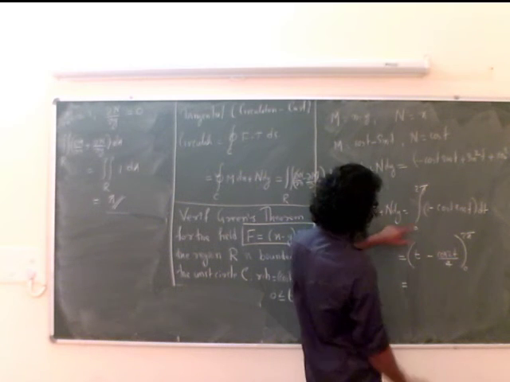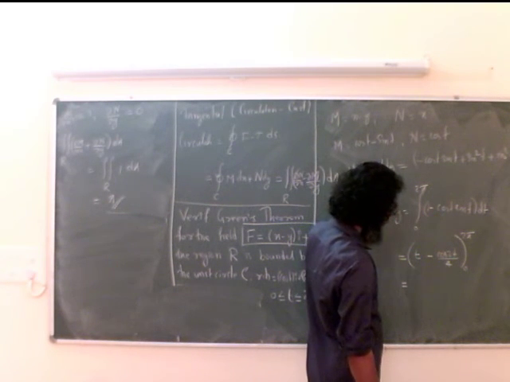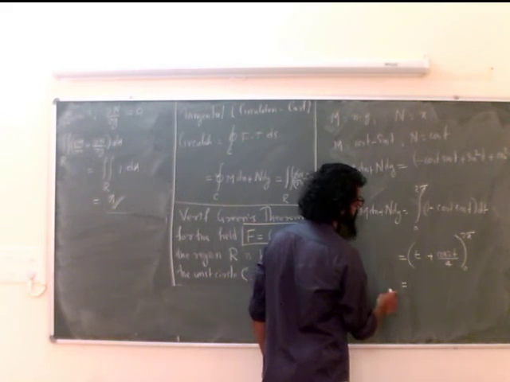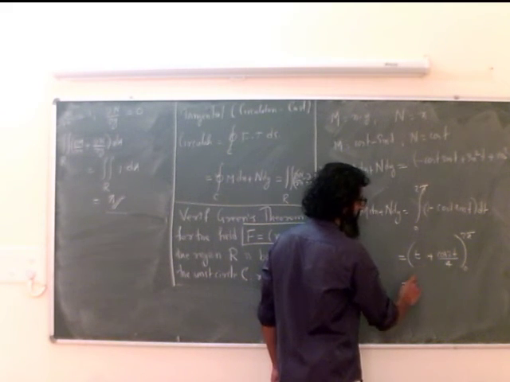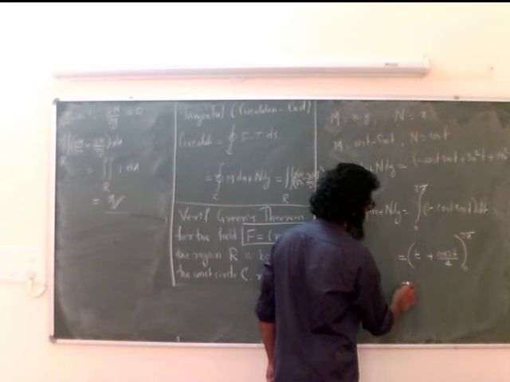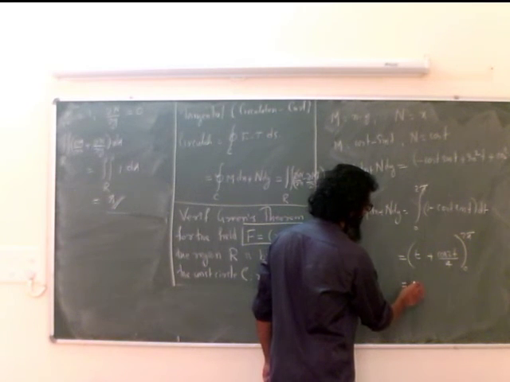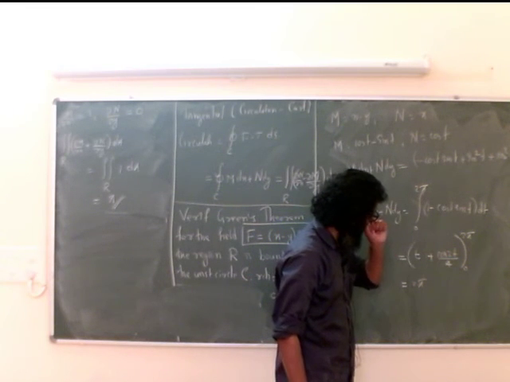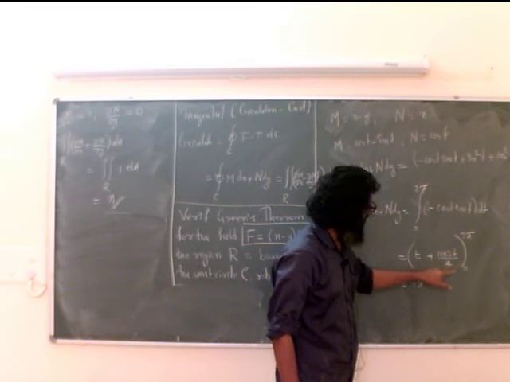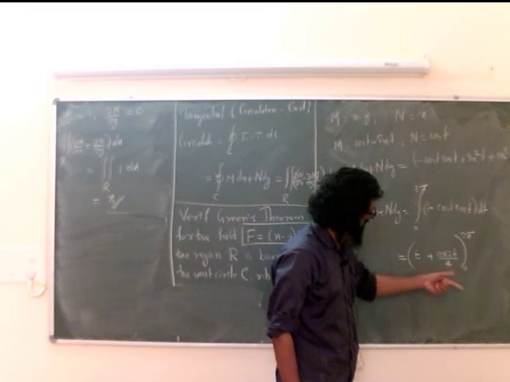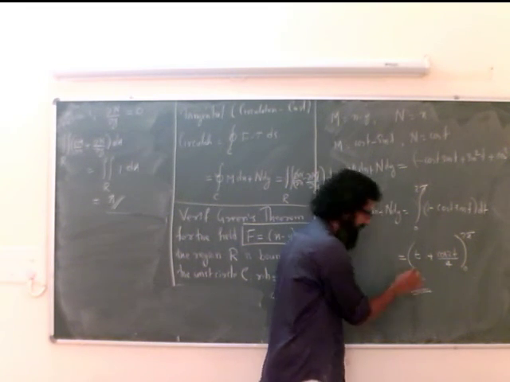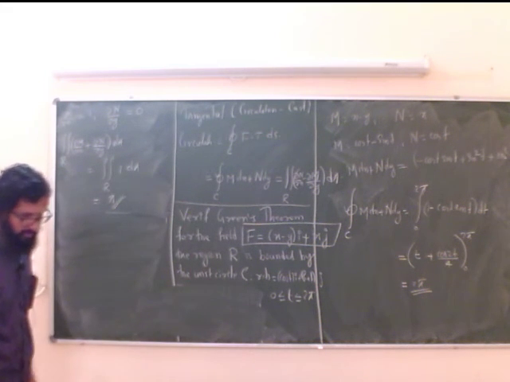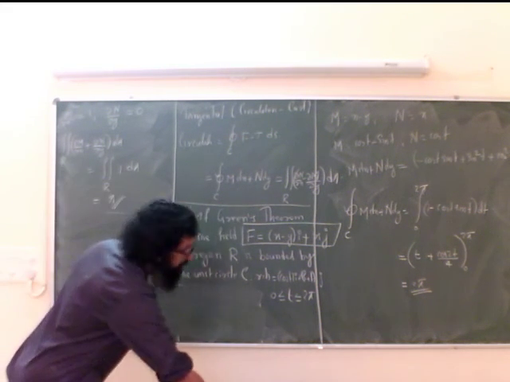When t is 2 pi, this is cos 4 pi, so it's 1 by 4 minus 1 by 4, that will go away. So this is 2 pi.